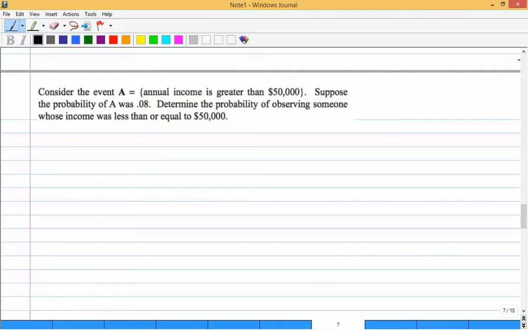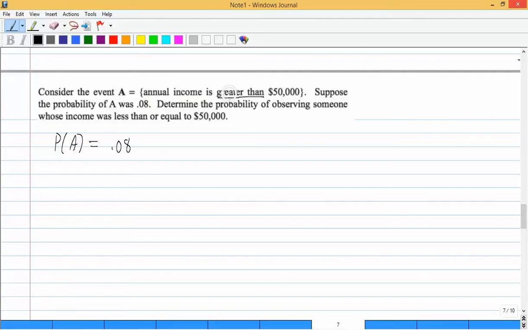Suppose the probability of A was 0.08. Determine the probability of observing someone whose income was less than or equal to 50,000. Okay, so the probability of A is greater than 50,000.